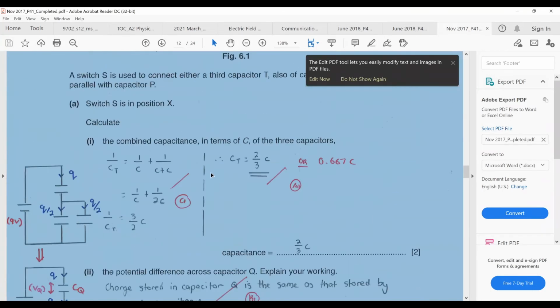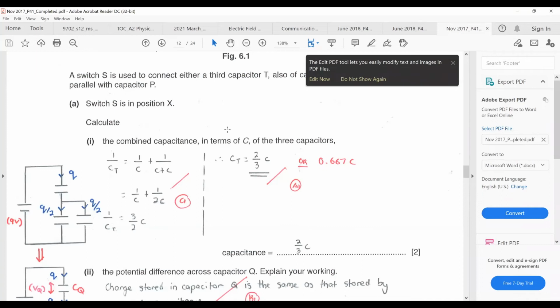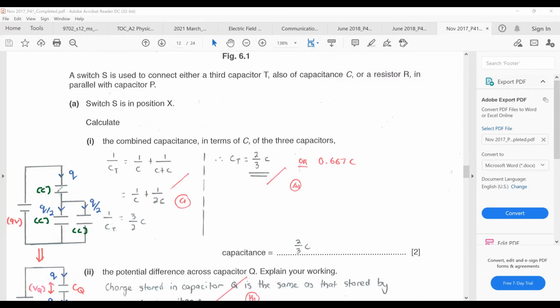Find the combined capacitance. Your capacitor here has capacitance C. This is the symbol used to represent it. So what is the combined capacitance in terms of C of the three capacitors? If you are at switch position X, this is how your circuit looks. So you want to simplify it.